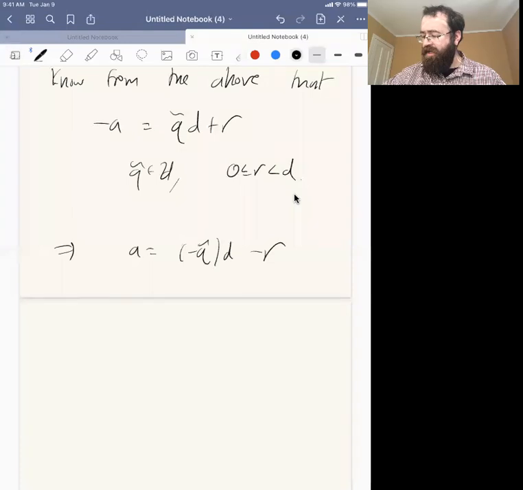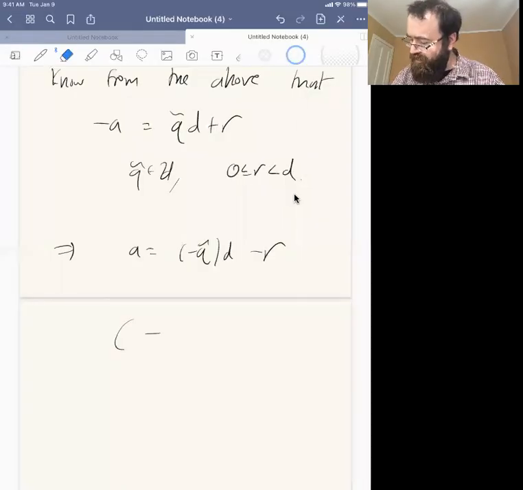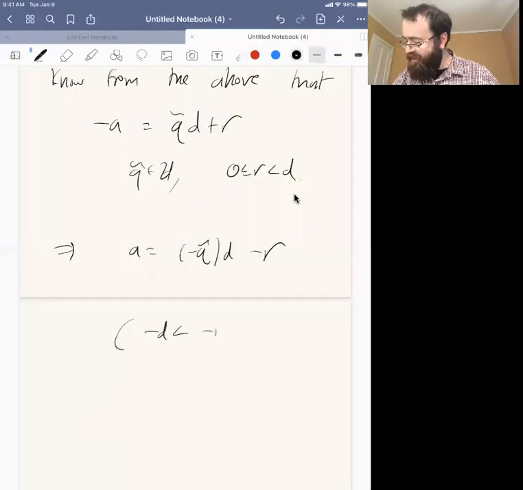So we haven't quite won yet, right? Because I want something times D plus a little natural number, and now I'm taking something times D minus a little natural number. Okay, but because of the range of R, R is between 0 and D, excuse me. So minus R is between minus D and 0, right? So we have minus D less than minus R less than or equal to 0.